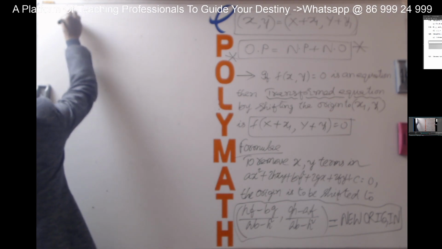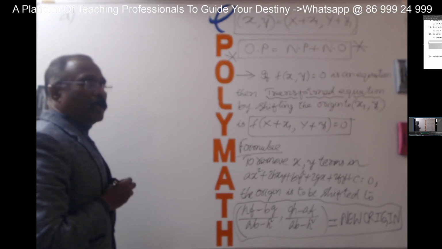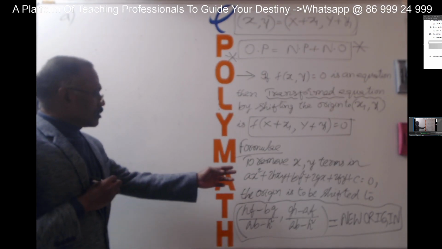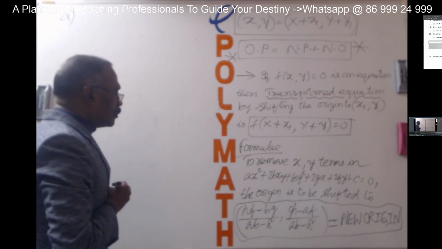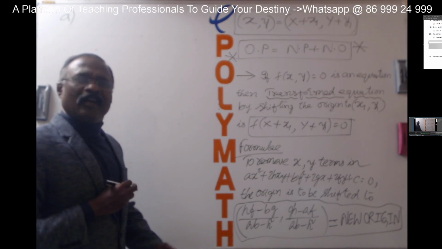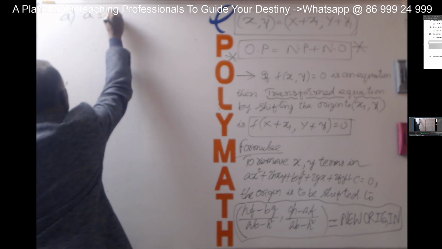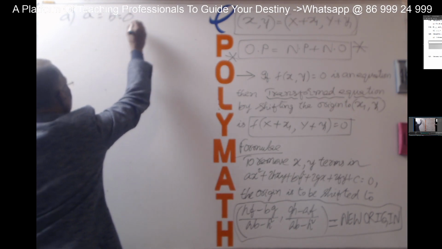This is A. What happens if AB becomes 0? That is, A becomes 0, B becomes 0. Then you can take only xy or hxy or 2hxy, whatever. So A is equal to B is equal to 0.